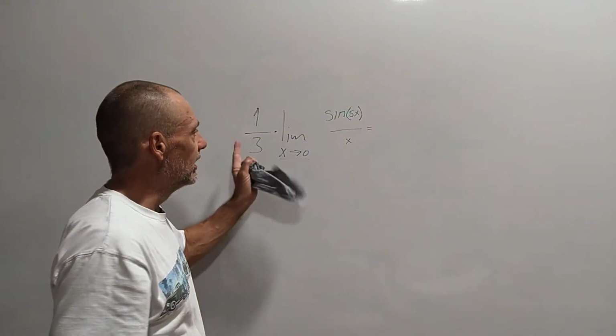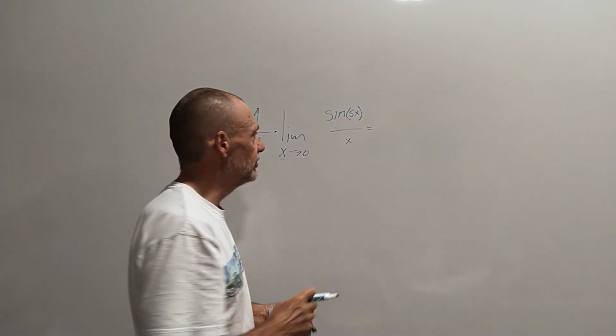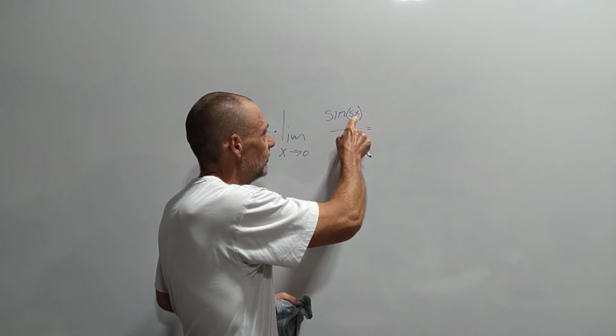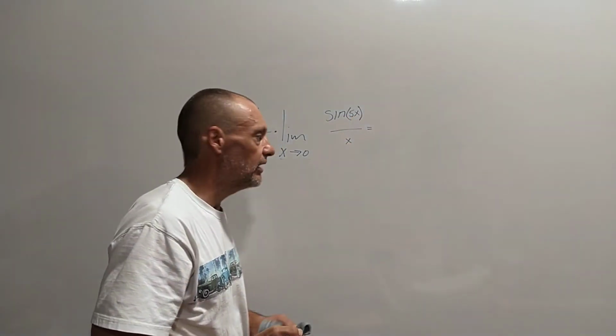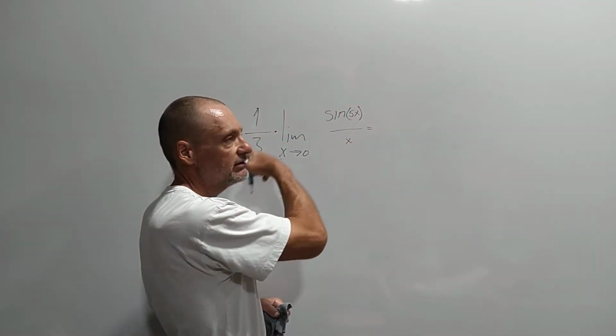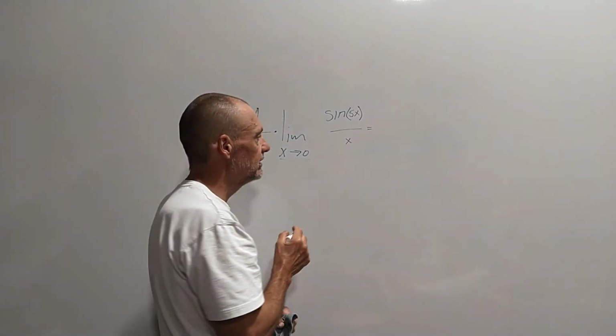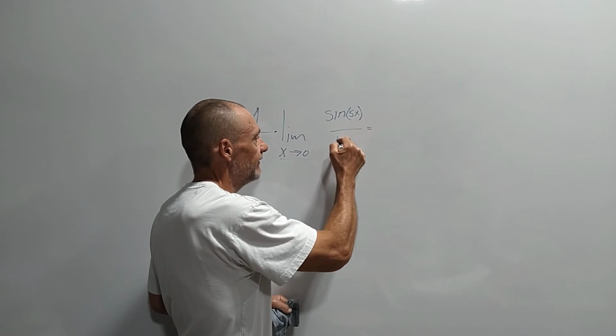And so you might say, well, okay, that's good, but look, we still have something different. Here we have a 5x, and here we have an x. Well, if I can pull constant multiples out of limits, then look, I can put a 5 in here.